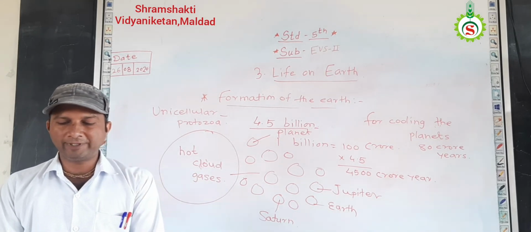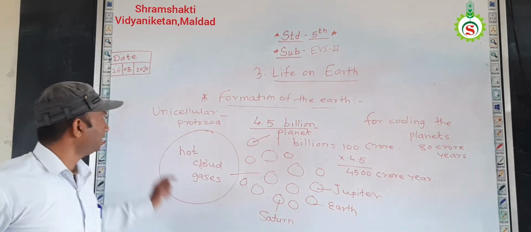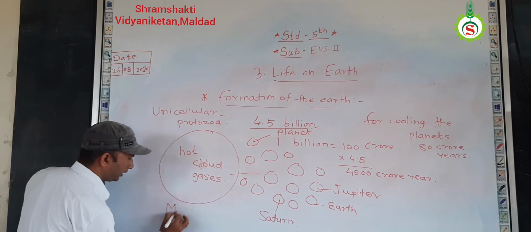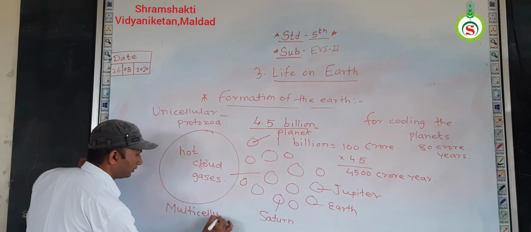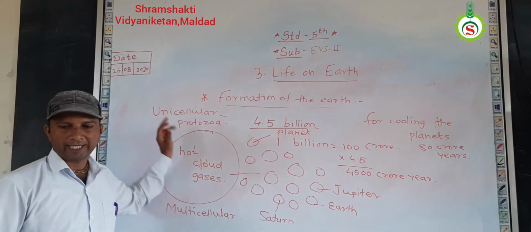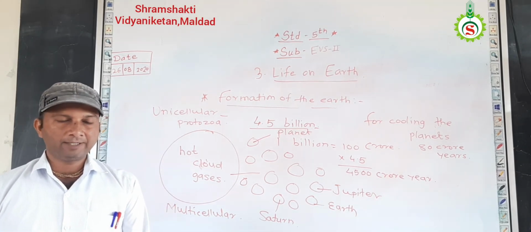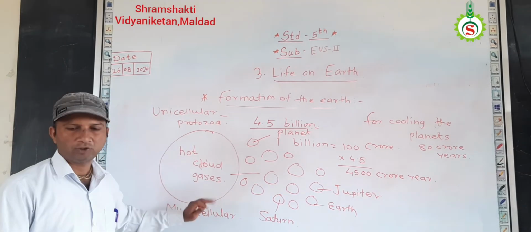Gradually multicellular living things develop from these unicellular ones. Means from the unicellular organisms the multicellular organisms were formed in course of time. Means as the period progresses or years pass, the unicellular organisms develop into large multicellular animals like human beings.